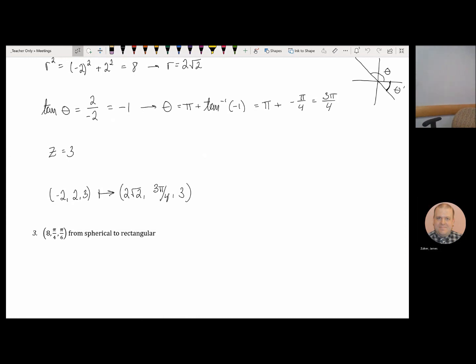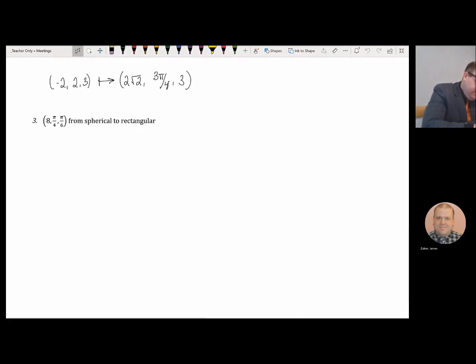Spherical to rectangular and vice versa. As with cylindrical and rectangular, there's a total of 6 relations: 3 to go rectangular to spherical, 3 to go spherical to rectangular. What's 1 to go from spherical to rectangular?